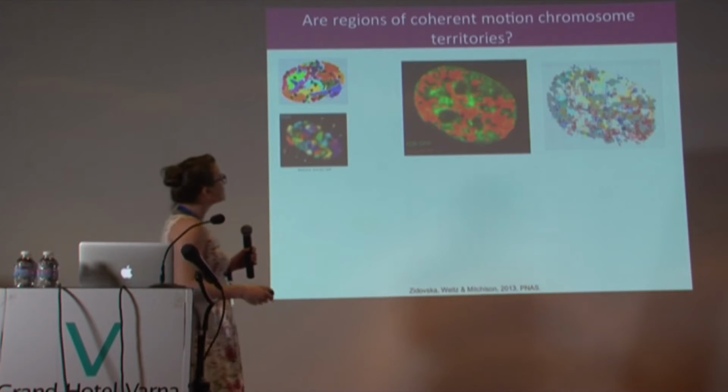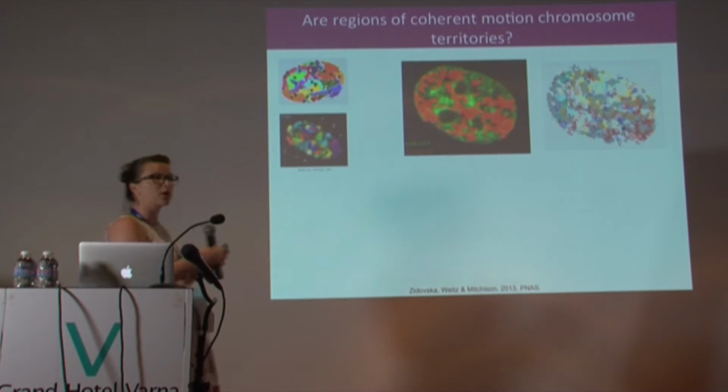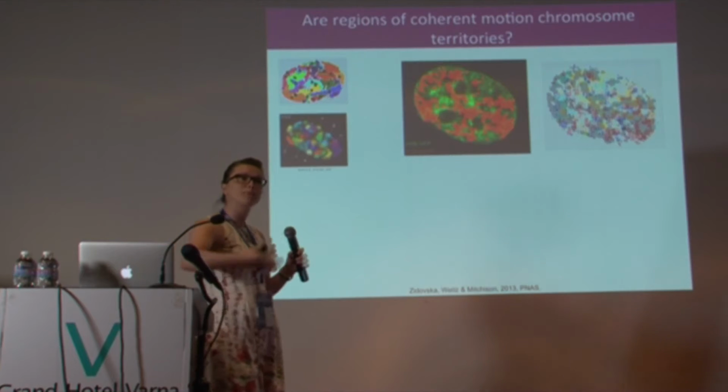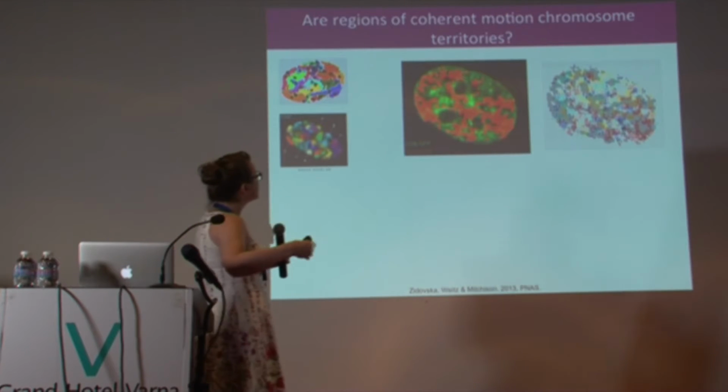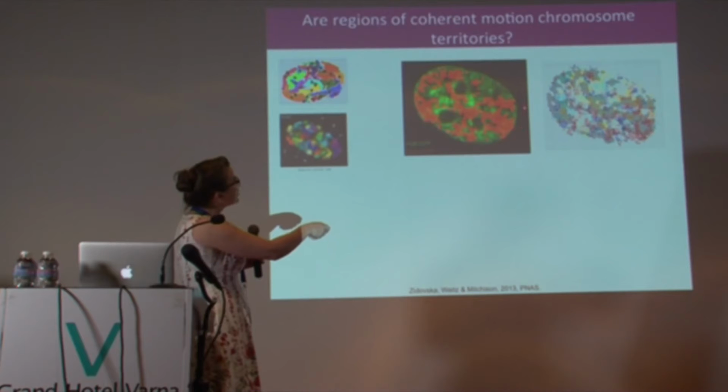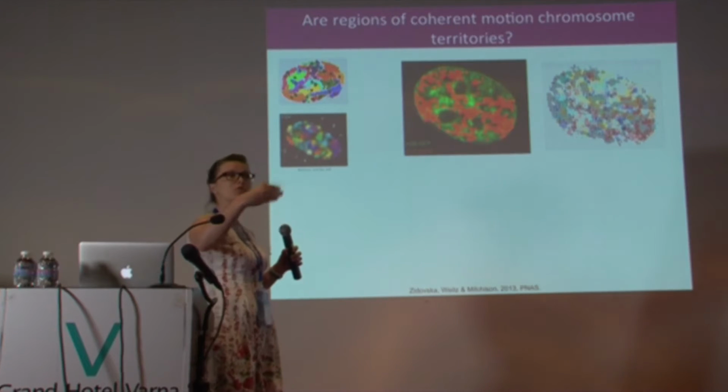So we've done an experiment where, in addition to our H2B-GFP, from which we obtain our DCS signal, we have added a second marker that stains only half of the chromosomes red.